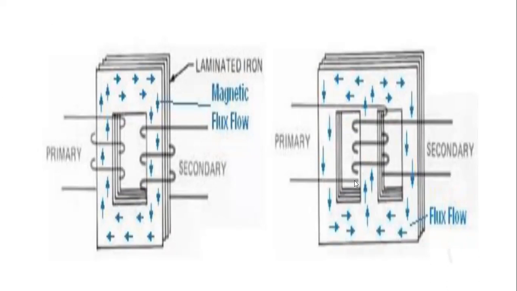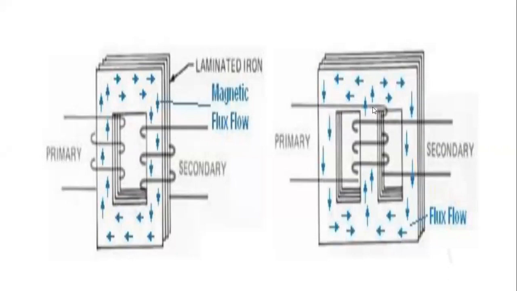Next, this is the shell type transformer. We observe the difference between the core type and the shell type transformer in these figures. In the shell type transformer, the primary and secondary windings are connected at the center of the limb. But in the core type transformer, one side is the primary, the other side is the secondary.